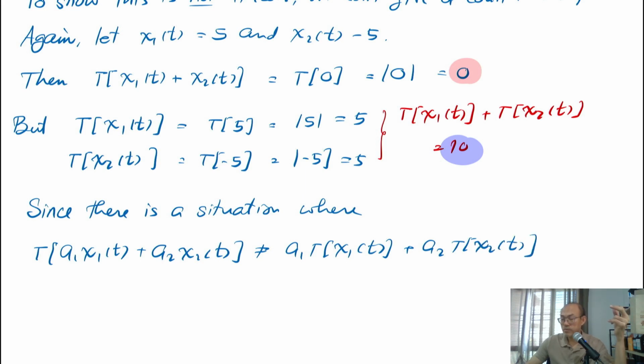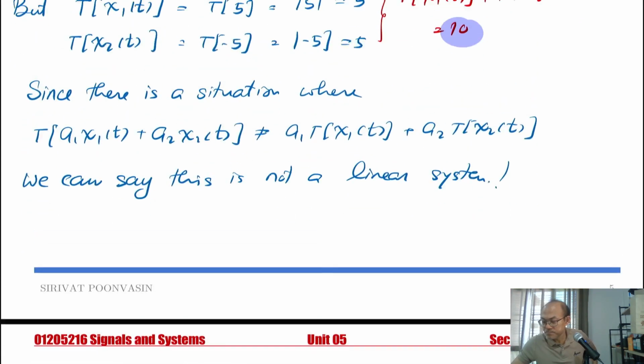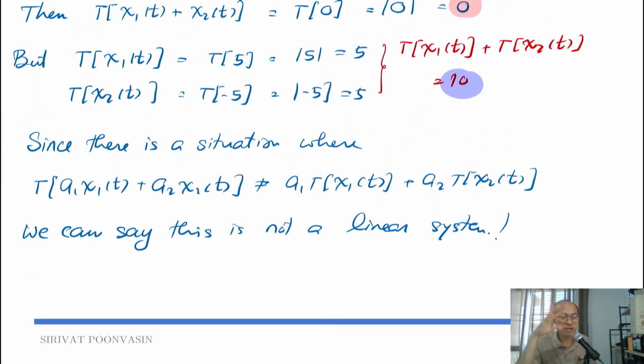So we can conclude that this system is not linear. Okay, so right here, to show that a system is linear, we have to show that it is true for any signal. But to show that a system is not linear, you can give a counter example that this equation is not true for this particular signal. All right.